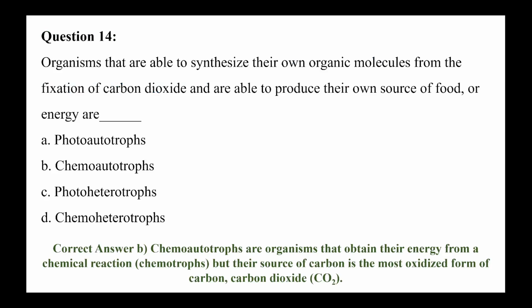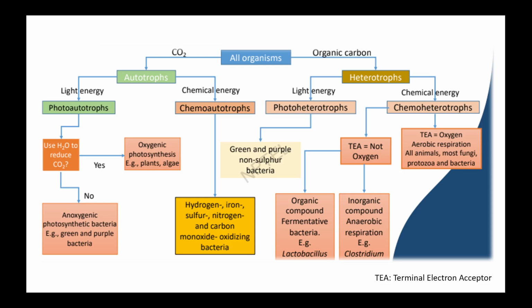It's chemoautotroph. So I told you if they are producing their own source of food, it is autotroph. In this figure, if it is using CO2 as the carbon source, that means they are making their own food, then it is autotroph. If they're using organic carbon, that means they are going to break down the organic carbon eventually to carbon dioxide, so they are heterotroph.